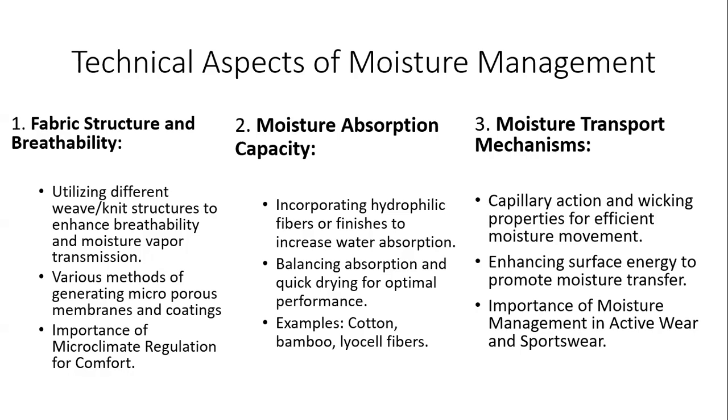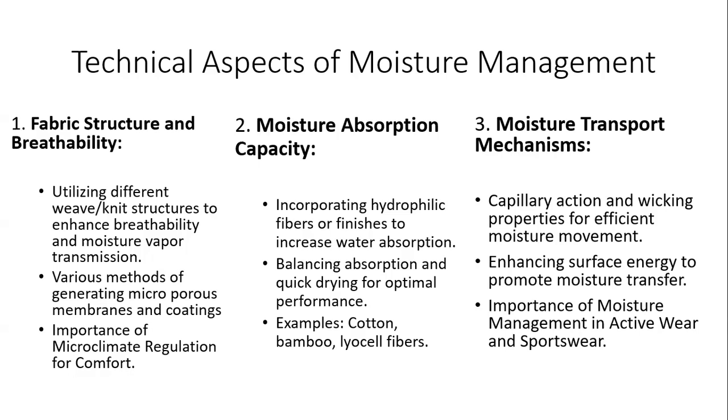So there are different woven structures that we can look into. They utilize different weave and knit structures in order to enhance not only the breathability but also the moisture vapor transmission. Breathability is very important when it comes to moisture vapor transportation.